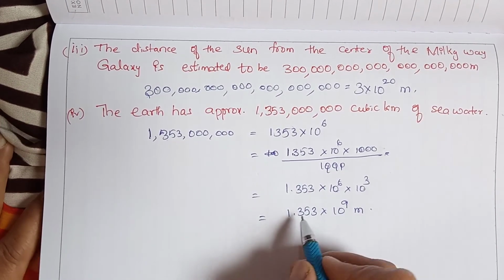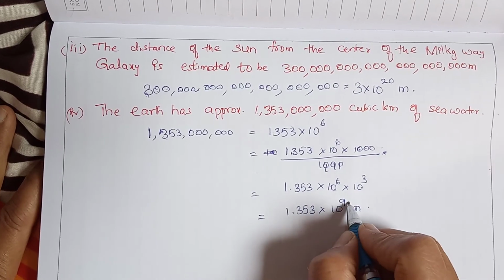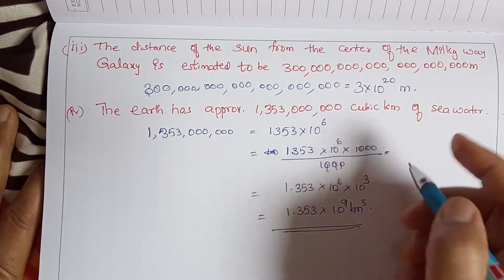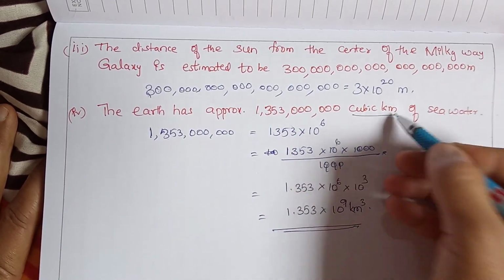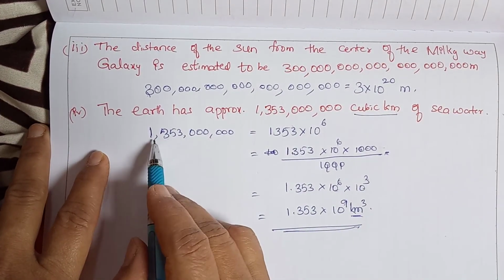So 1.353 into 10 to the power of 9 cubic kilometer. Where is the question? Yes, cubic kilometer. Once again, 1 billion.